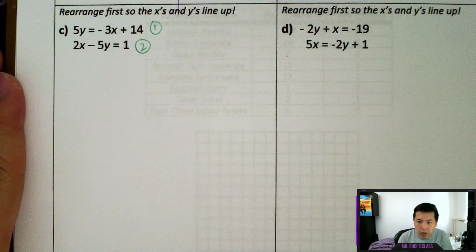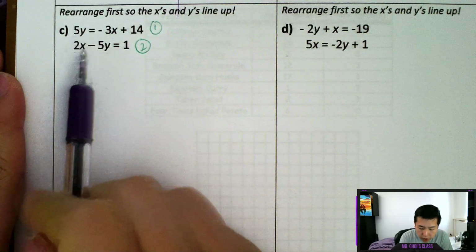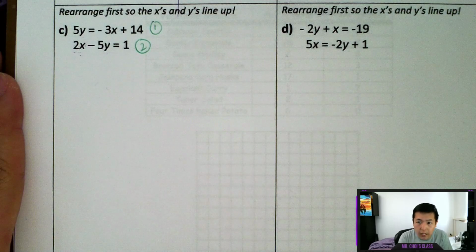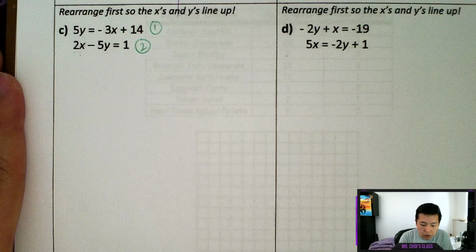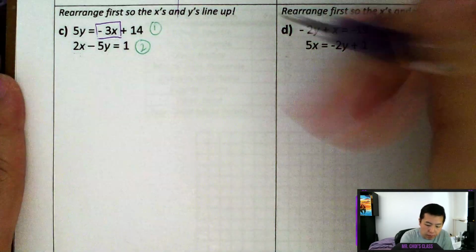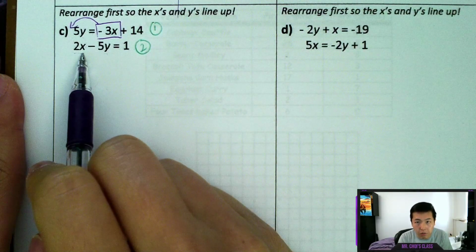But you'll see here 2x minus 5y equals 1. Oh, that's exactly what we want. We like having the x and y on the left. And so which one is in the wrong place? Well, we have the minus 3x here. That's in the wrong place. That should be on the left, and that should be in front because we have the 2x in front.